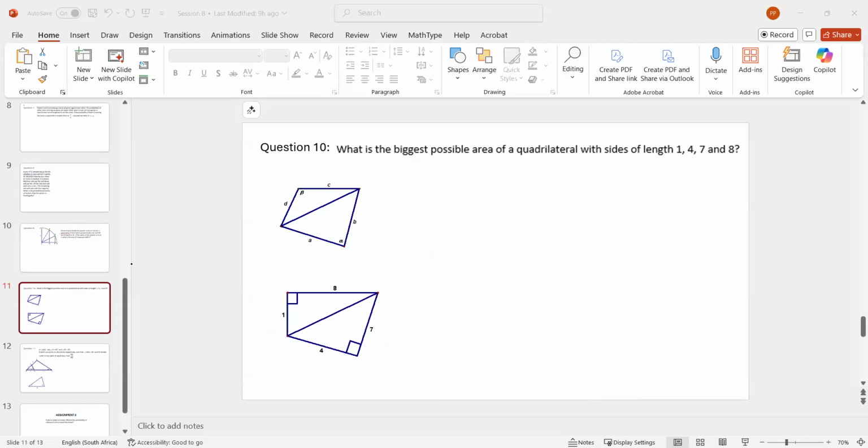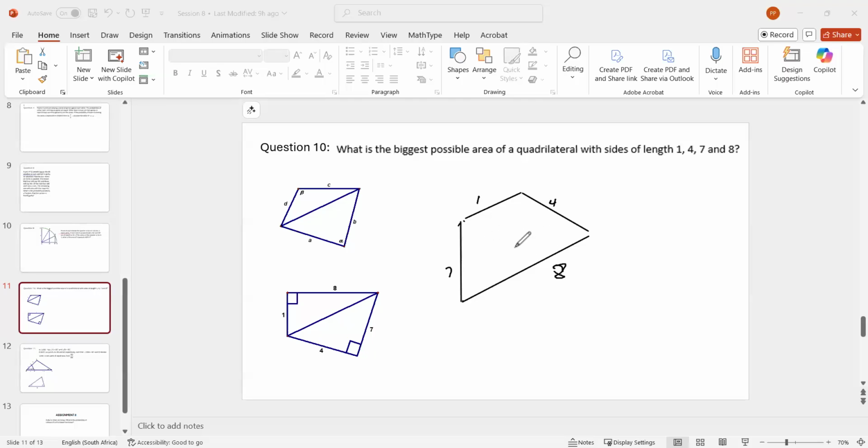This problem here, what is the biggest possible area of a quadrilateral with sides 1, 4, 7, 8? Now if you've got a quadrilateral with sides 1, 4, 7, 8, you can have infinitely many quadrilaterals.